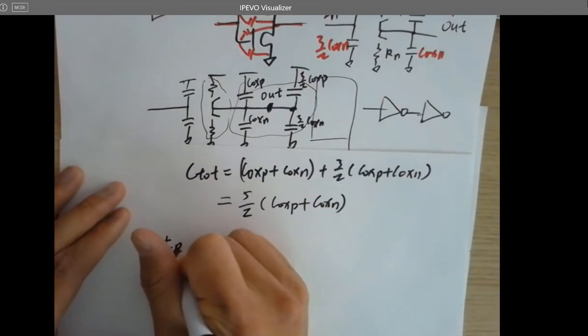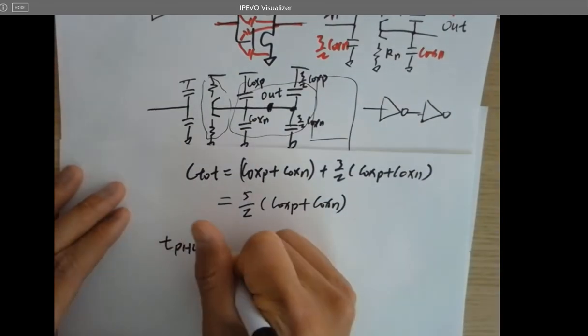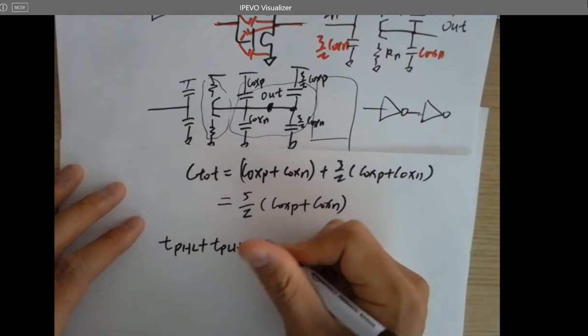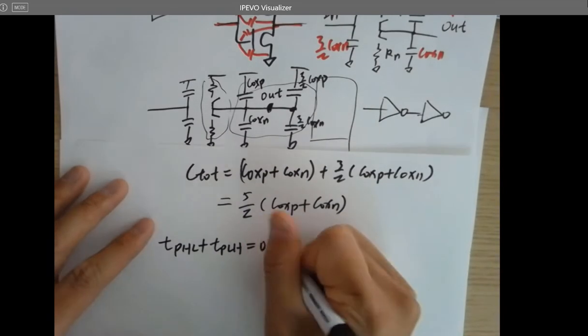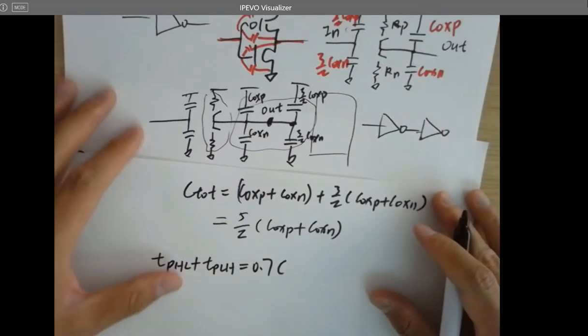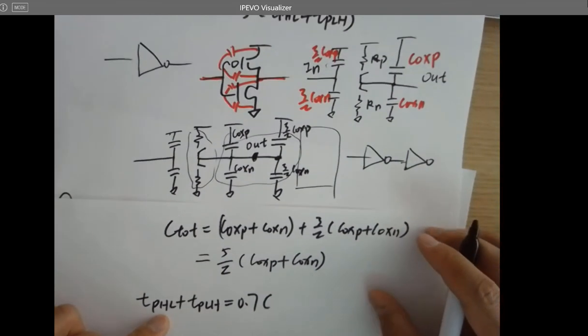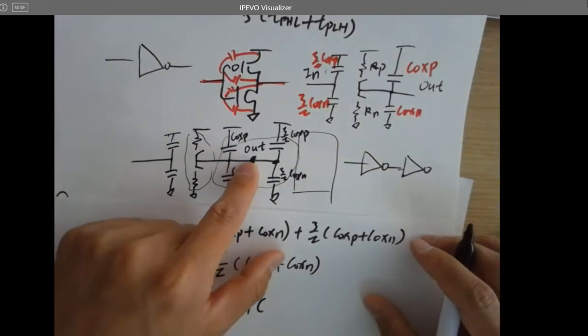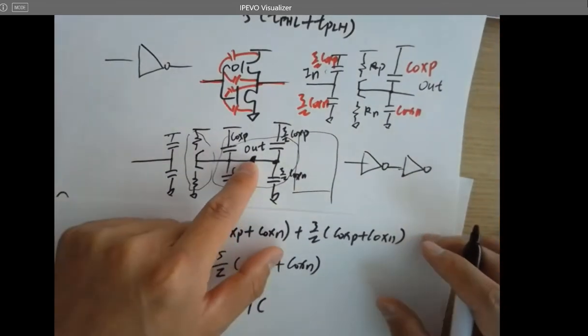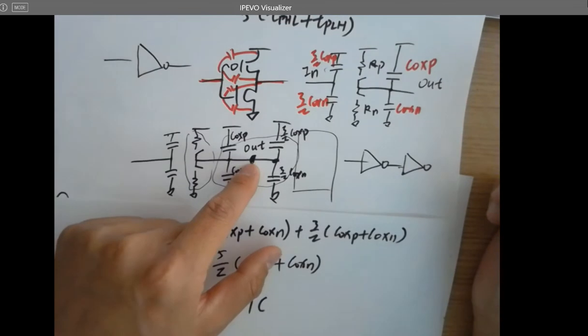So TPHL plus TPLH equals 0.7. For TPHL, for this node, HL means what? High to low.